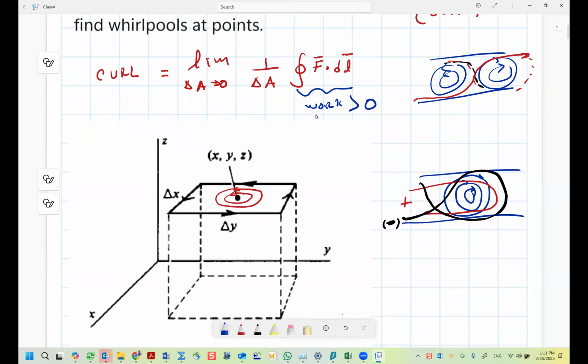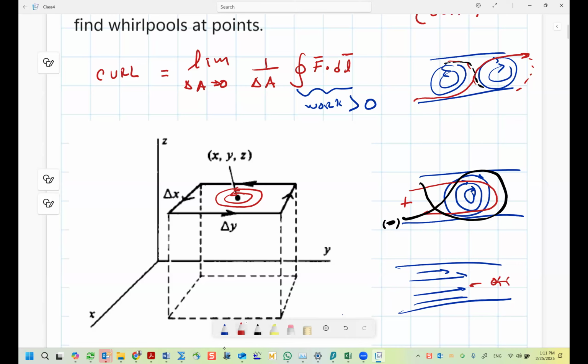If you have a closed path, so you are swimming in a river, and the river has no forces that go around. Say the river has forces only in one direction without any rotation. Then if you start swimming against the current, you will have to spend some work.